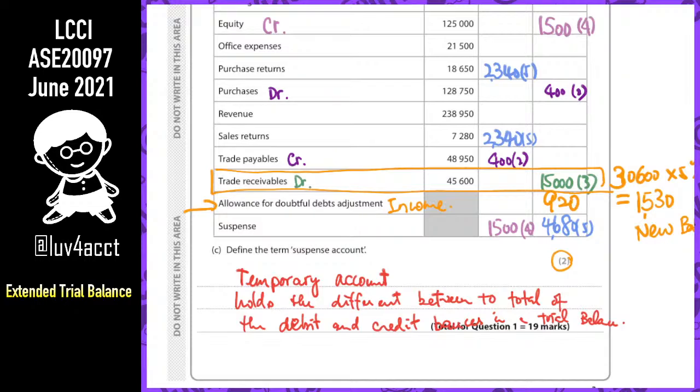It is a balancing item. If you cannot balance the trial balance, then the difference itself goes into the suspense account.